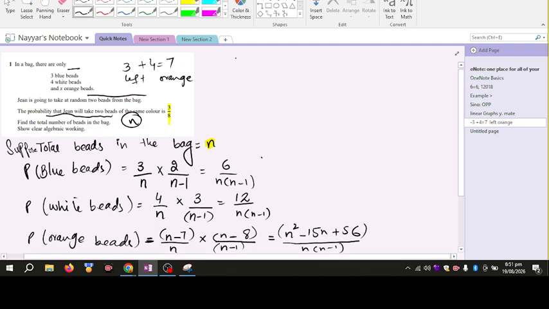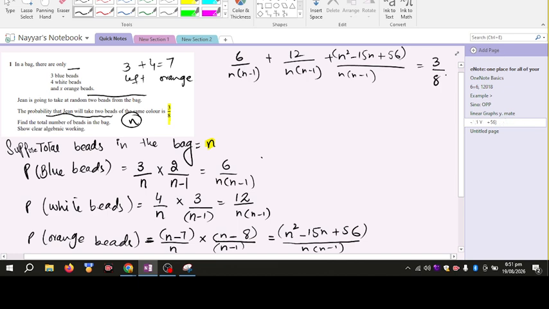Either he is going to take out both blue beads, or he is going to take out both white beads, or he is going to take out both orange beads, and the probability of choosing two beads of the same color is 3 by 8.